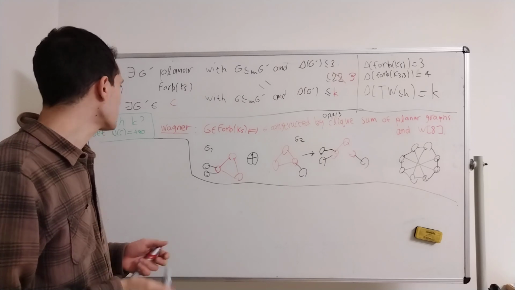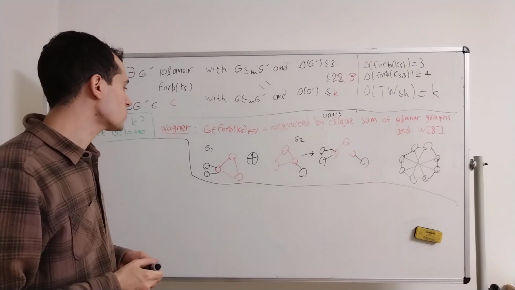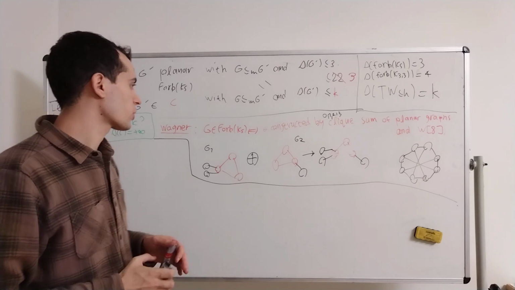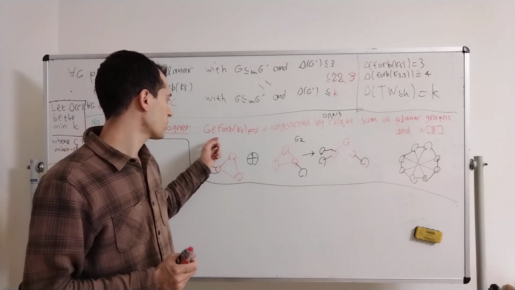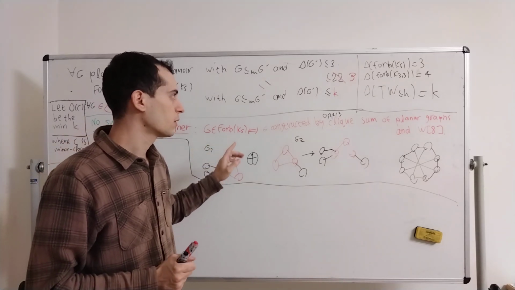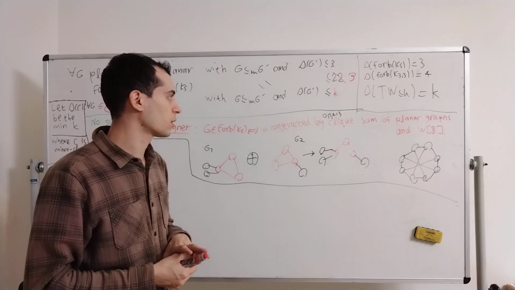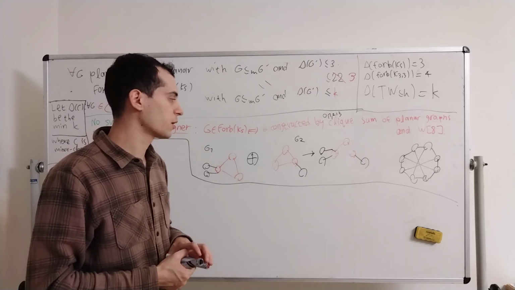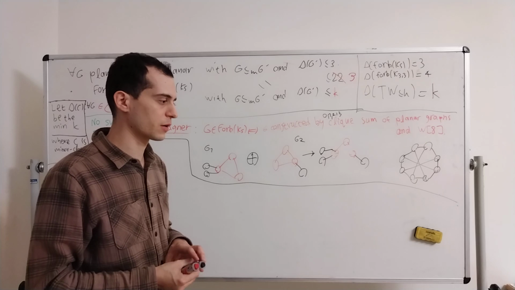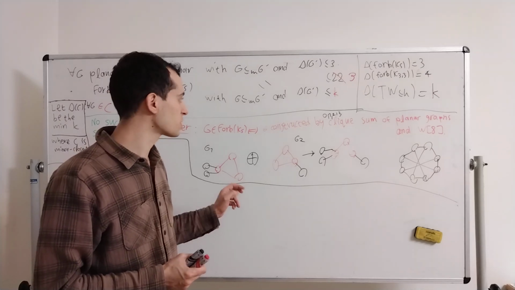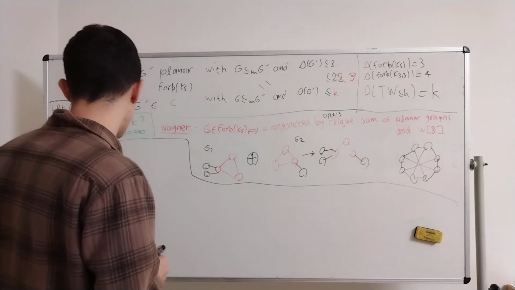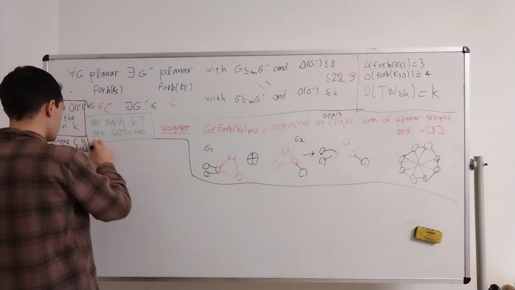The answer is, we want to show that for every graph in form K5, we can find some graph in form K5, including it as a minor with maximum degree 3. And the trick is to take its planar decomposition into clique sums.